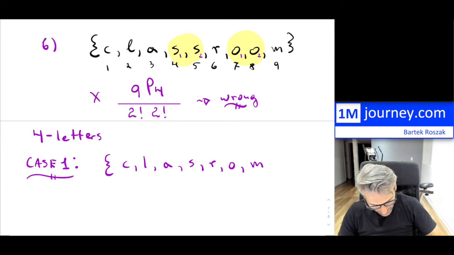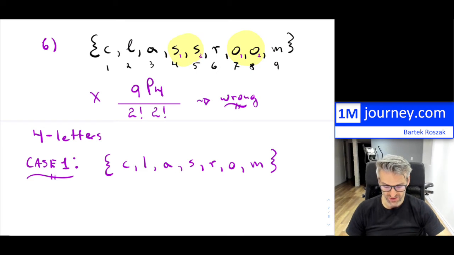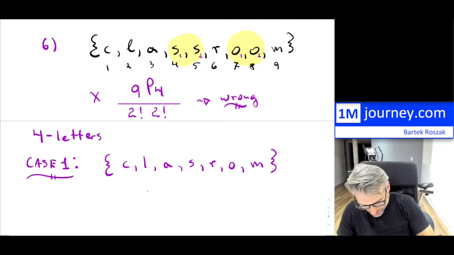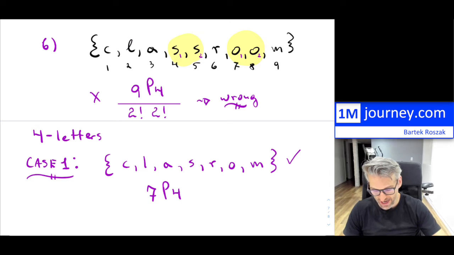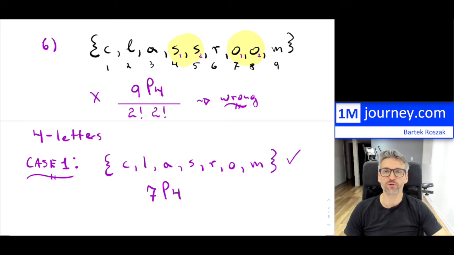If I did this, I actually have only 7 letters in total, and how many different ways could I rearrange them? Indeed, it's 7P4, the number of permutations. That's the case when there are no repetitions at all.